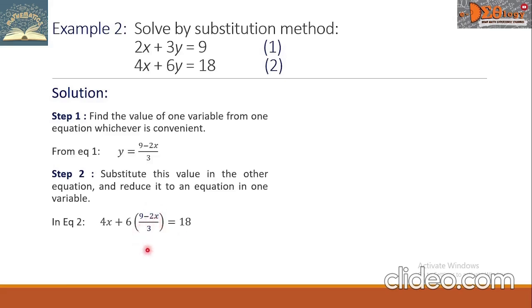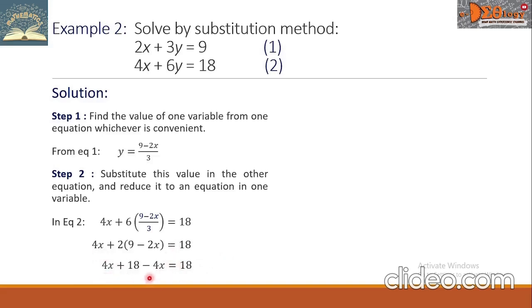The denominator 3 here can be cancelled out with the number 6. So it becomes 2. Then we multiply this 2 to the 9 and to the negative 2x. So we have 18 minus 4x. We copy this 4x down here and then equals 18.